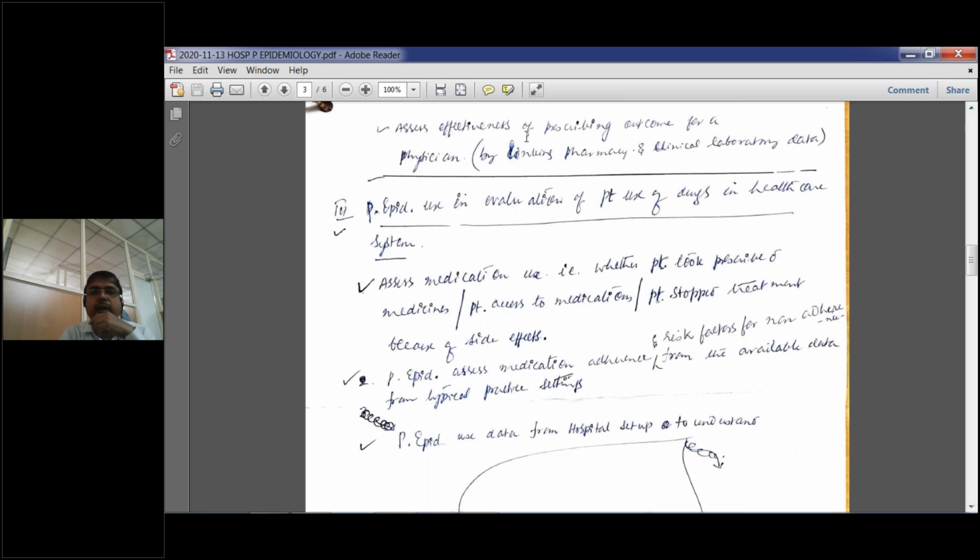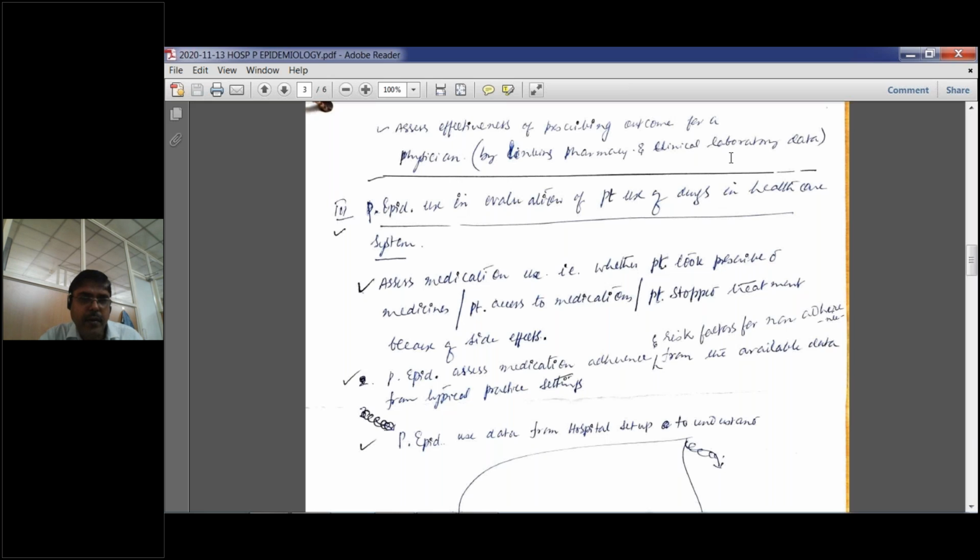And also you can assess the effectiveness of prescribing outcome for a physician by linking pharmacy and clinical laboratory data. This is another one in addition to the earlier one we have seen. See, the concept is like this.